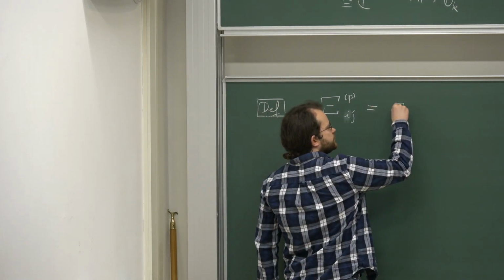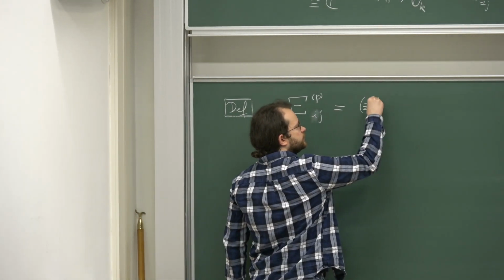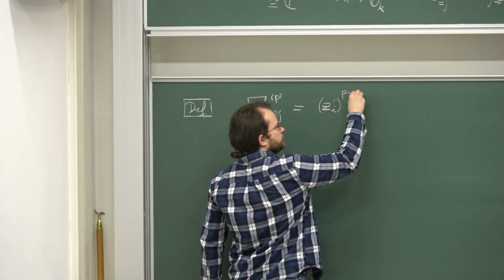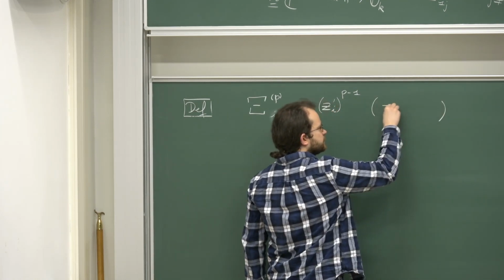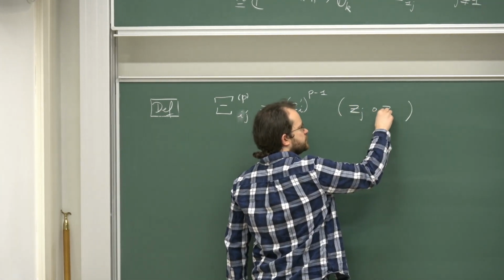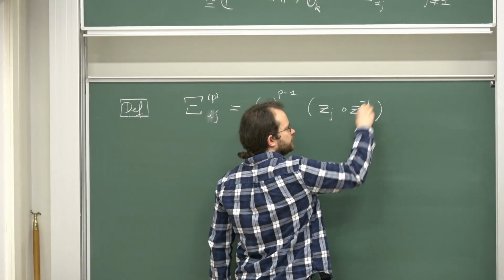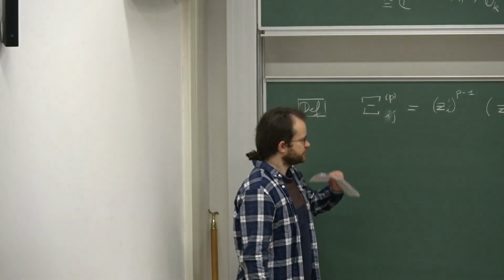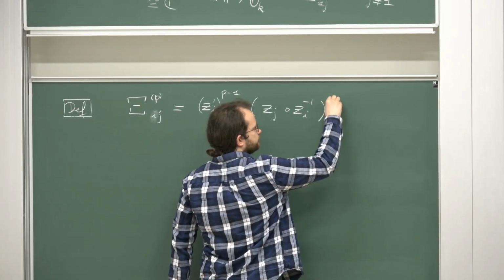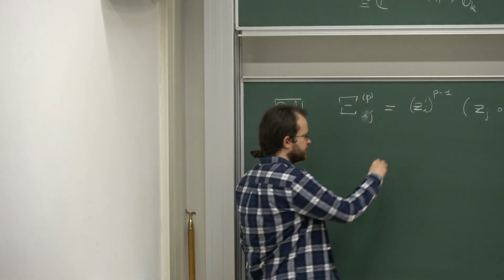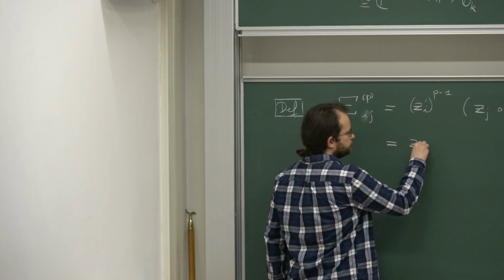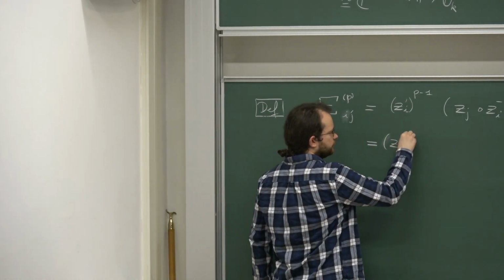Okay, so this is zi prime to the power p minus 1 times this thing that I wrote, (zj over zi) inverse, derivative p times at 0. Another way of writing that is to do it that way.